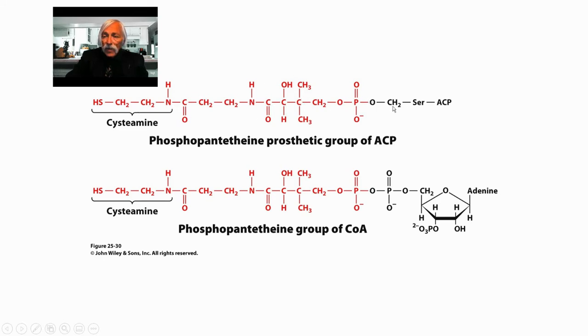So you've got this phosphate ester to this carbon atom, and that oxygen actually comes from the original serine hydroxyl group, because remember the R group of the amino acid serine is an OH. So this entire moiety here is a phosphopantetheine. Now notice it is identical to the phosphopantetheine of coenzyme A. In fact, that's where it comes from. And you can see it still has the cysteamine at the end here. This is actually the important part of the molecule relative to making the thioester, because this is the free SH group, either on ACP or on coenzyme A.